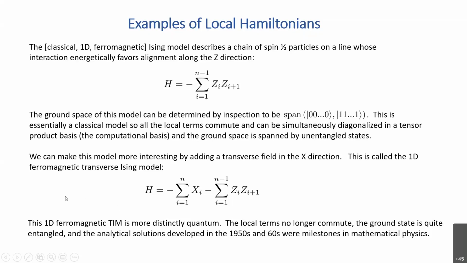And the analytical solutions are highly non-trivial, developed in the 50s and 60s. They're major milestones in mathematical physics. So, you can check the textbook solution for the ground states of these models, but it takes several pages. It would take a whole lecture. So I just want to put that out there as an example of how quickly things get much more complicated.